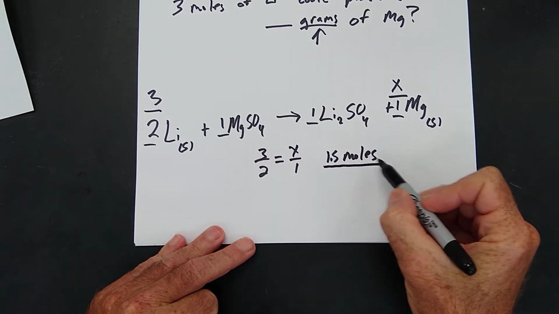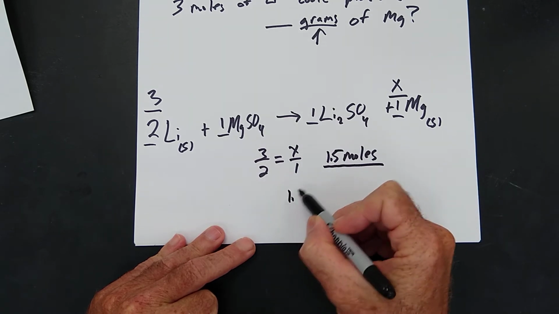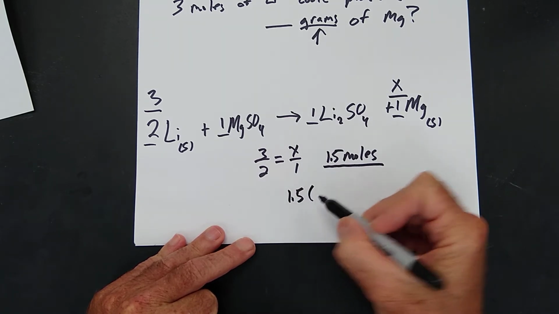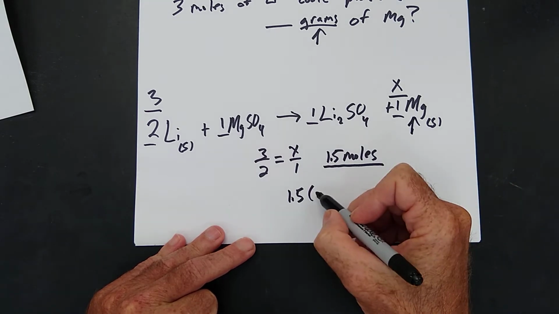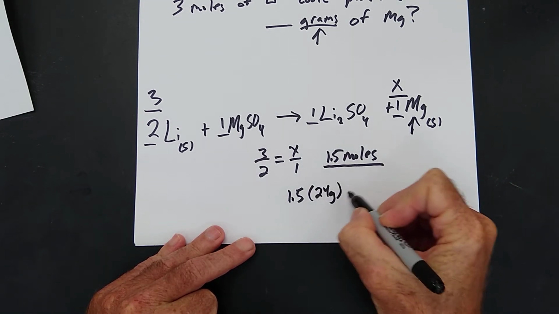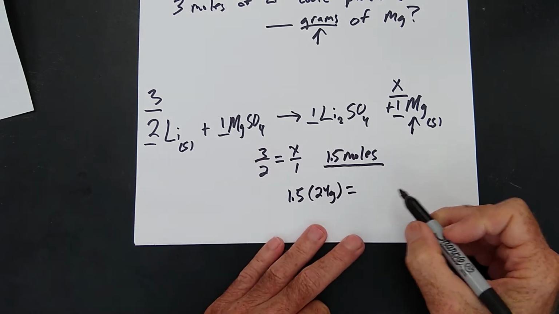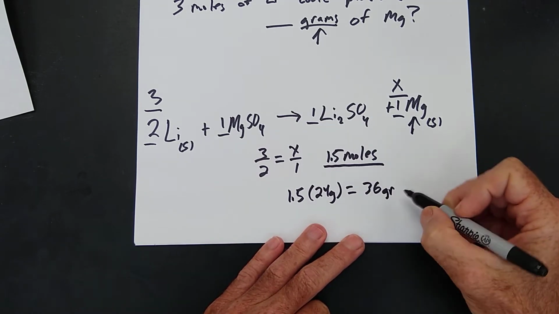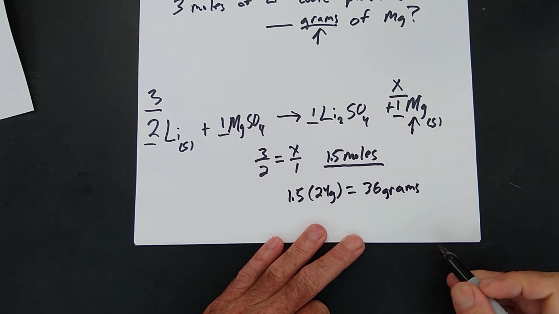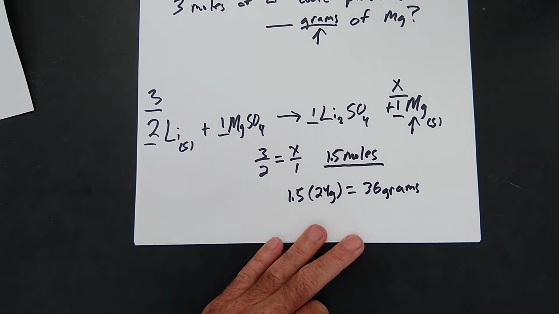You solve for your moles first. 1.5 moles of magnesium. How much does a mole of magnesium weigh? 24 grams. 1.5 times 24, 36 grams. Pretty simple, right?